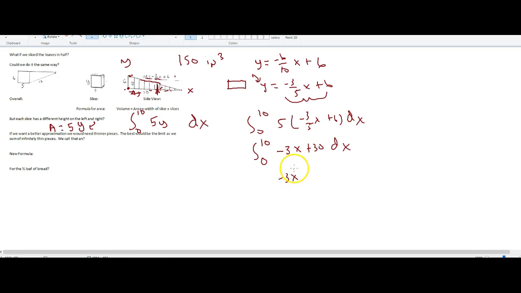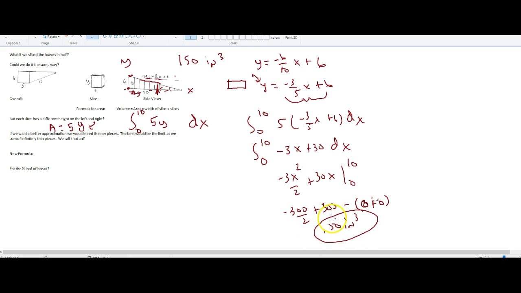Raise the power by 1, divide by the new power, from 0 to 10. And then I plug in my 10, and I get -300 over 2 plus 300, minus 0 plus 0. Okay, and so I end up with 150 inches cubed, just to prove that calculus works.